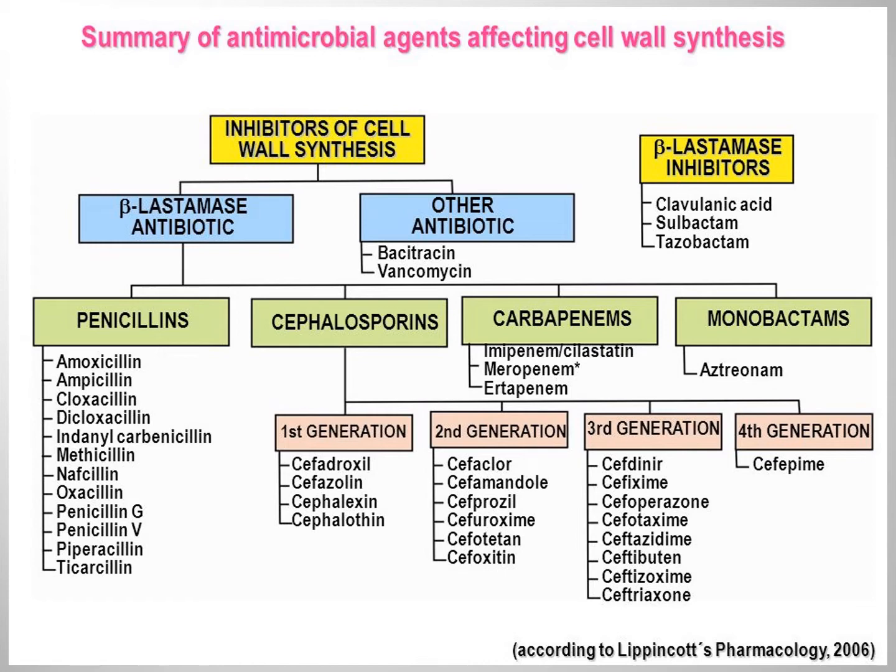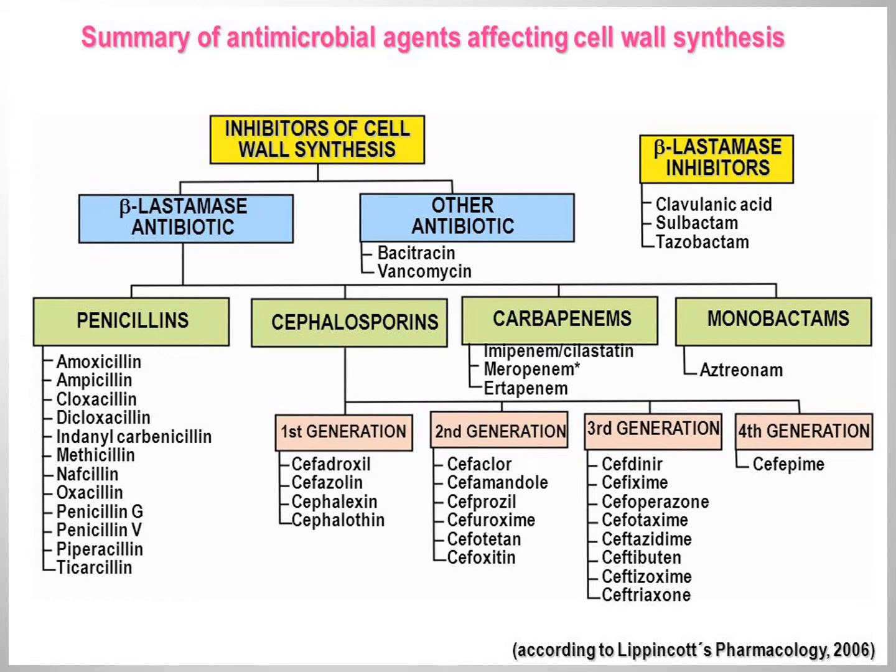Some bacteria started to produce beta-lactamase, meaning the bacteria would produce and secrete an enzyme that could destroy the beta-lactam ring and then make the antibiotic ineffective.